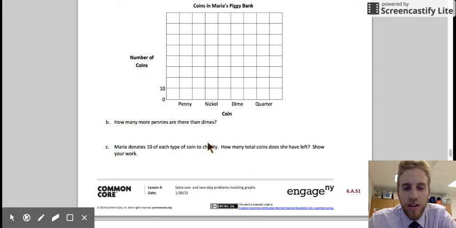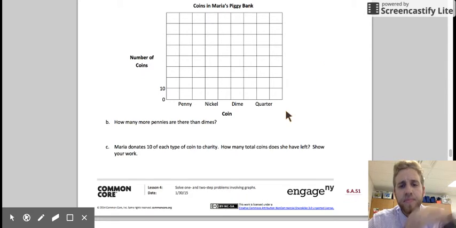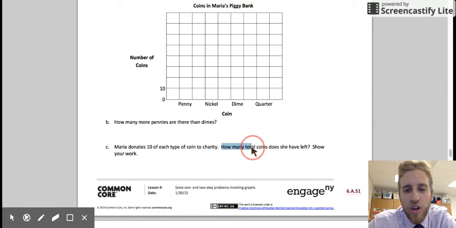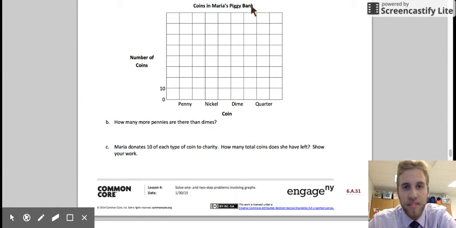And when you donate, you're giving something. So she's going to give away 10 pennies, 10 nickels, 10 dimes, and 10 quarters. And it wants to know how many total coins does she have left. So what they mean here is how many coins does she have left after she gives 10 away of each. So go into my workspace here.